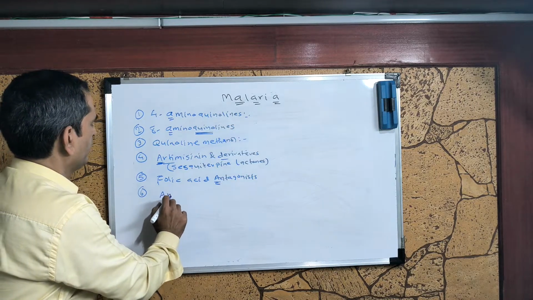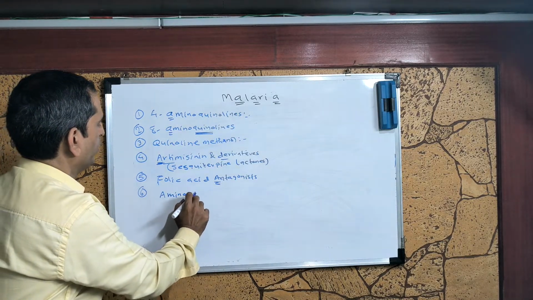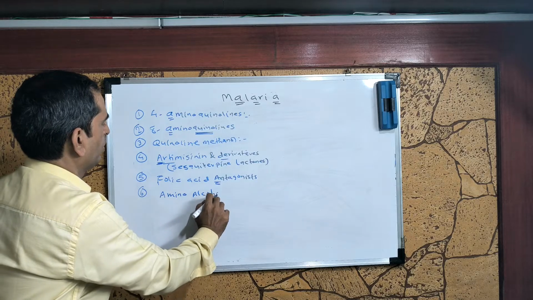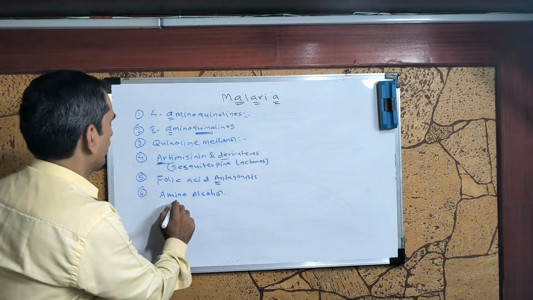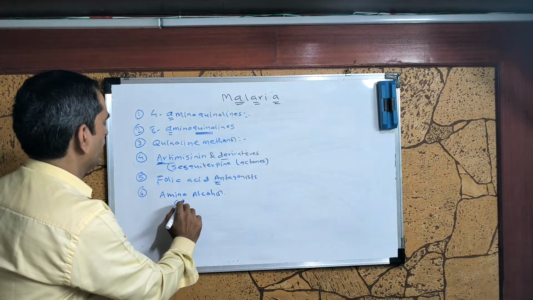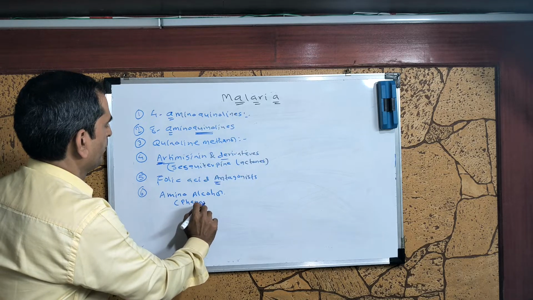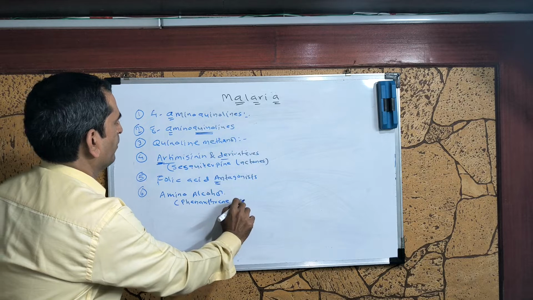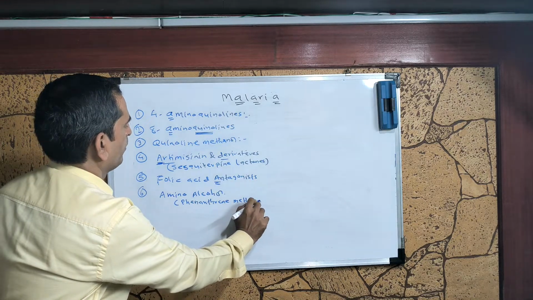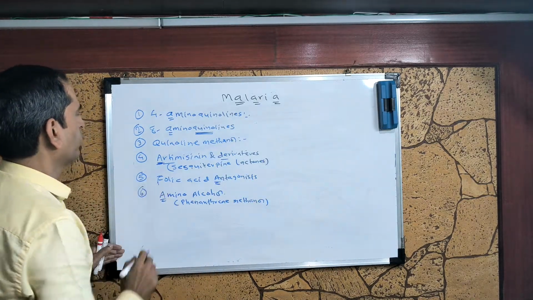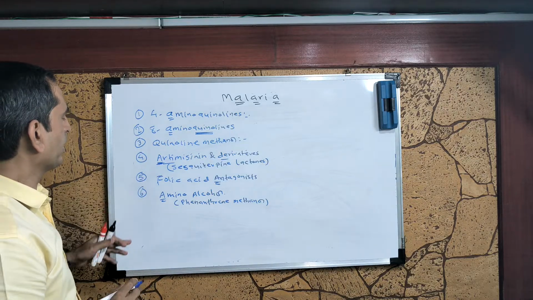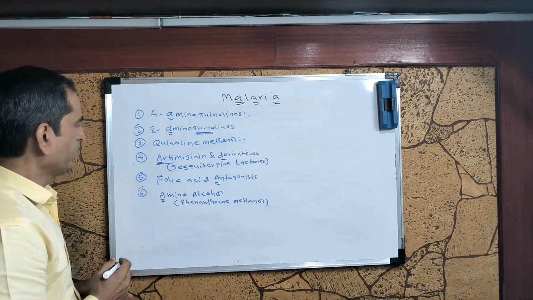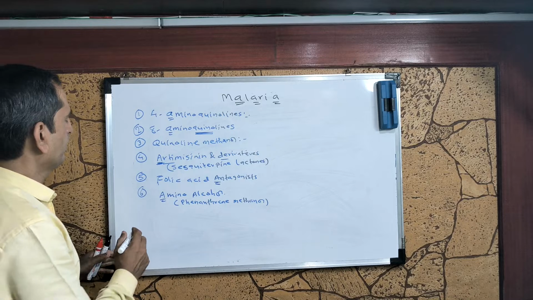The sixth category is amino alcohol. The other name for amino alcohol is phenanthrene methanol. So again amino alcohol, A. So you can remember another A for remembering the anti-malarial drugs.